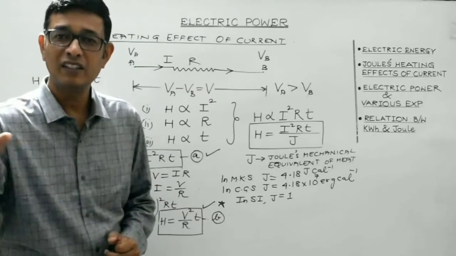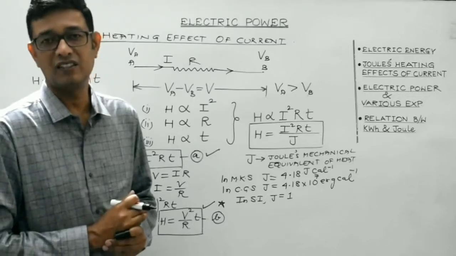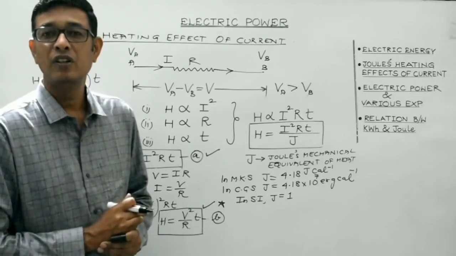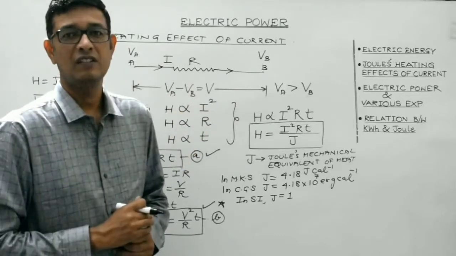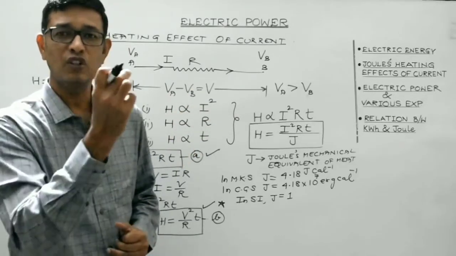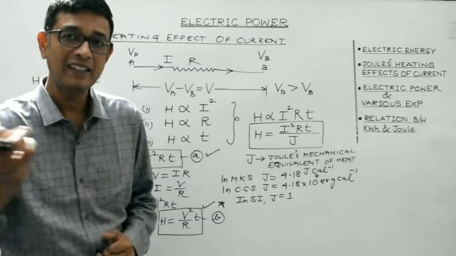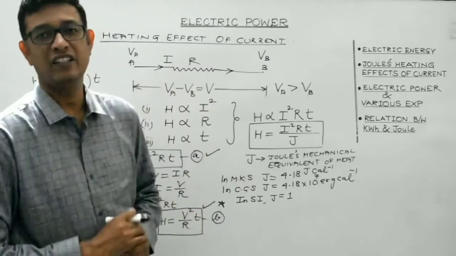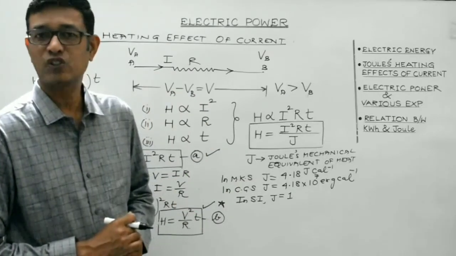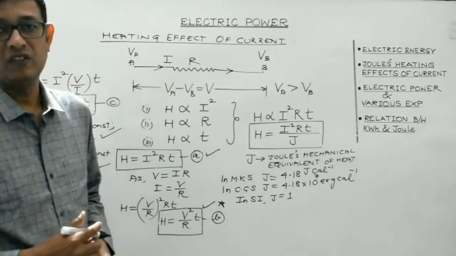These all are the daily usable electrical appliances which are based on heating effects of current. All these consist of a coil through which, when the current is made to pass, it gets heated up. So electrical energy gets converted into heat energy. Clear, students? So we'll have a mathematical verification of this as well, right?